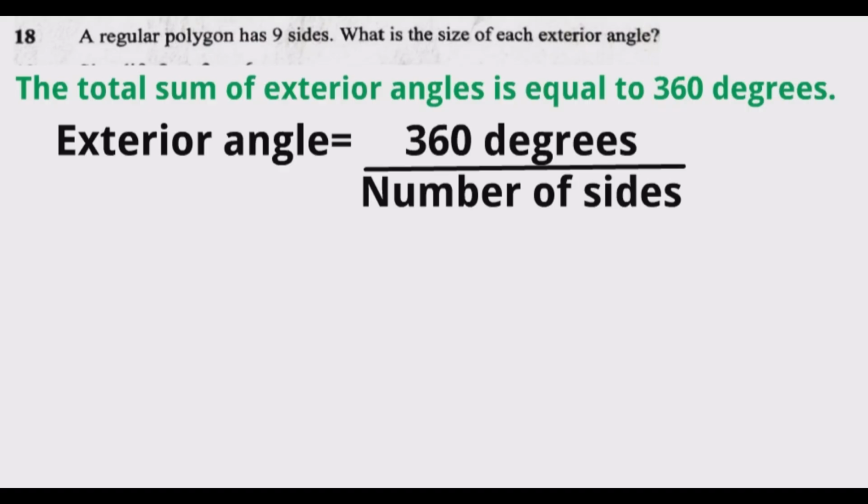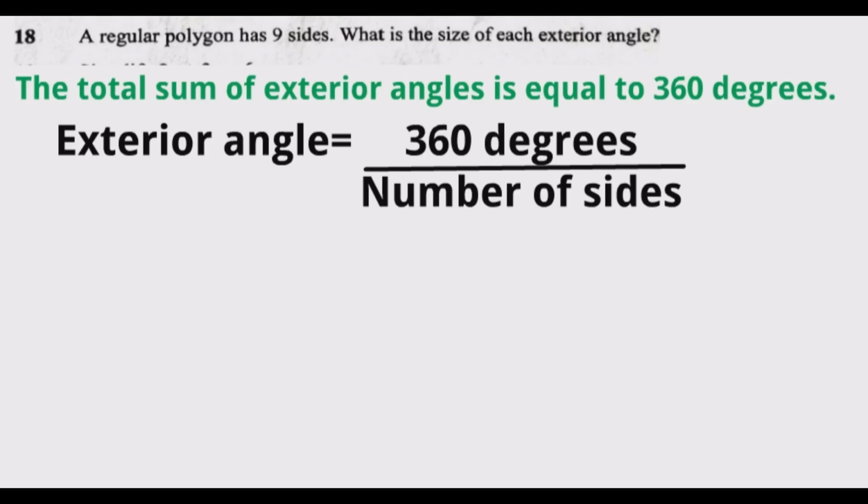Therefore, to find the size of the exterior angle of this regular polygon, when we talk about a regular polygon, we're talking about a polygon that has equal sides and equal angles. That means the exterior angles are all equal. Therefore, we divide 360 degrees by the number of sides.